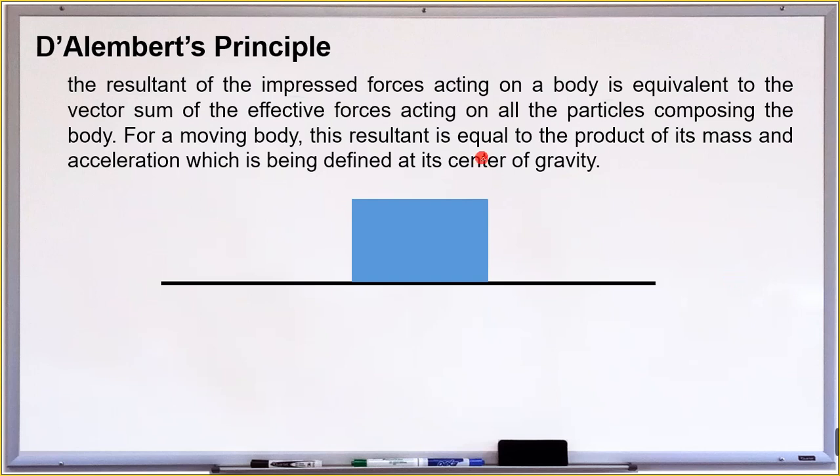Say for example, we have here a blue block at rest at the surface, no? So let's say we have effective forces, no? When we say effective forces, mo na siya ng forces nga nag-interact sa block. Now, block here is considered as a body given nga na siya length og width, no?